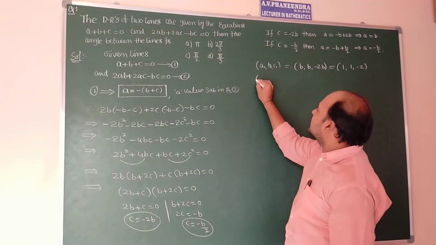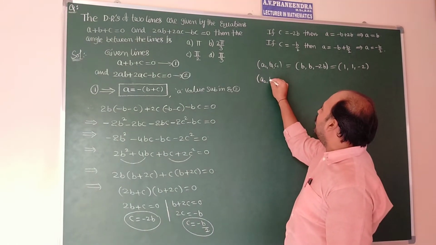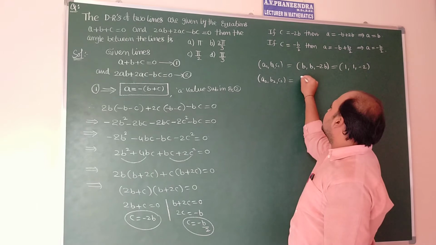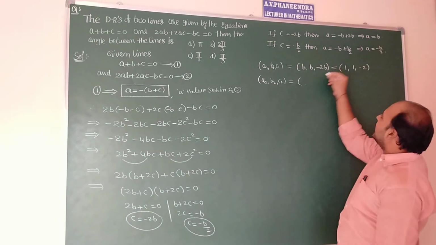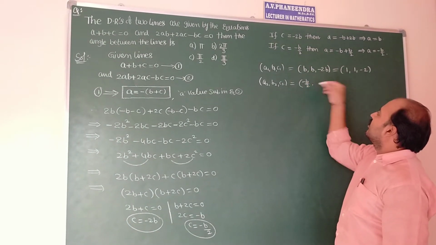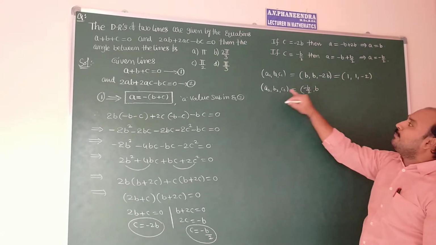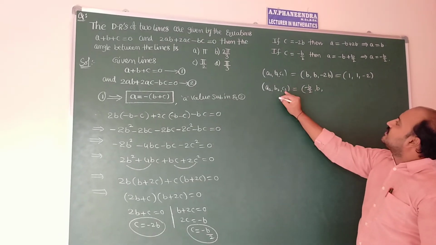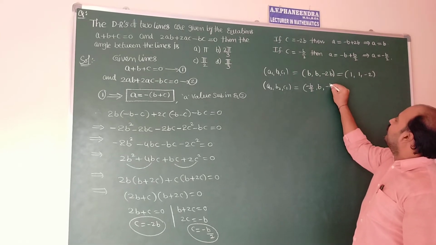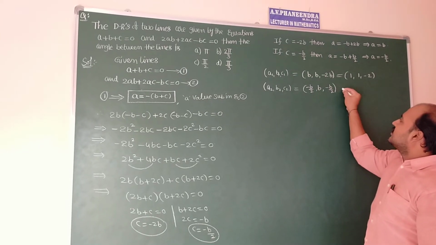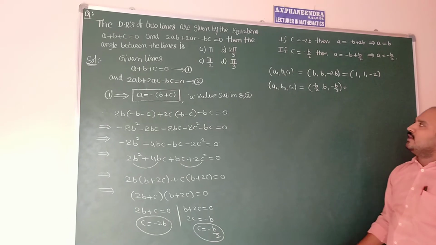Come to the second line direction ratios a2, b2, c2. a2 means the second a value, minus b by 2. b2 means b only, because c in terms of b, a in terms of b. Next c2, that means minus b by 2. Whenever we get fractions like these, observe a very important thing here.